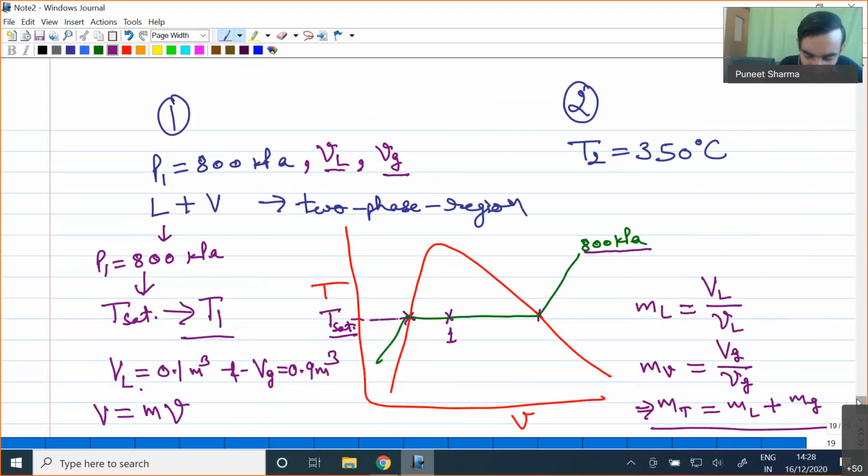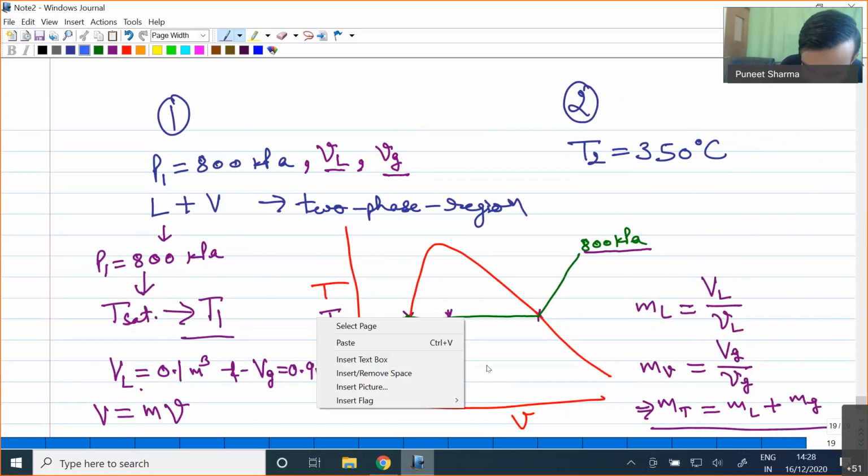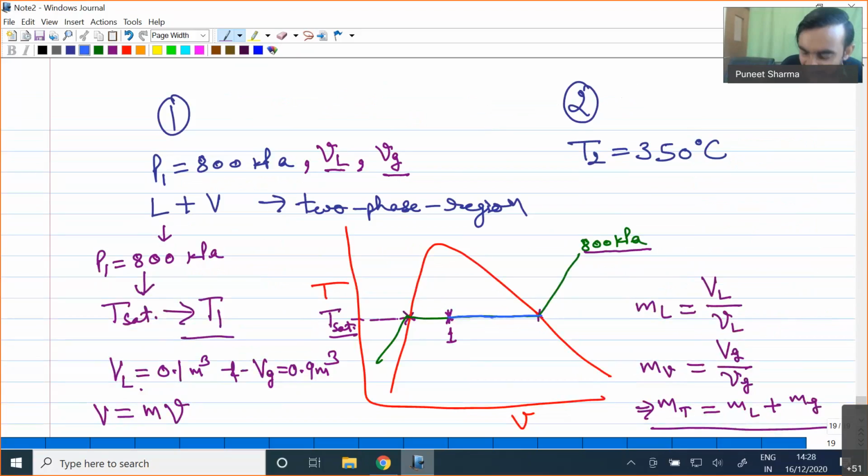So now, this was our initial point. From this particular point, we have started the process of heating. We are adding heat at constant pressure. This is given in the question, that while we are adding the heat, pressure is maintained constant.